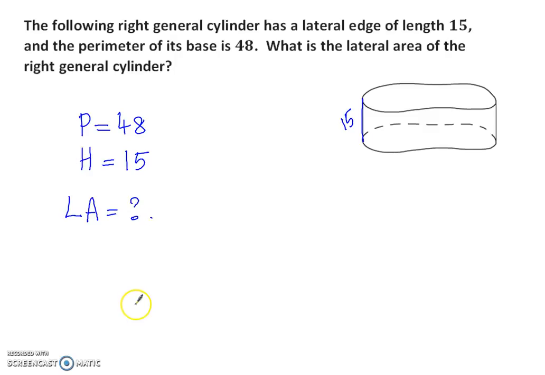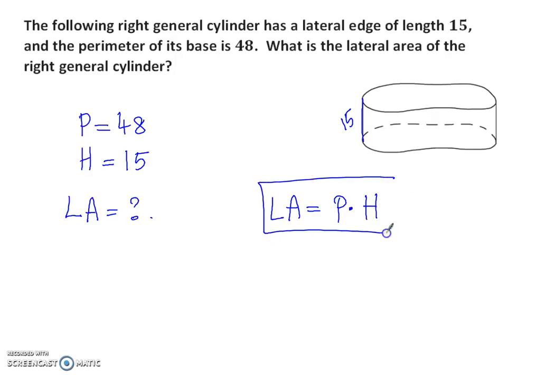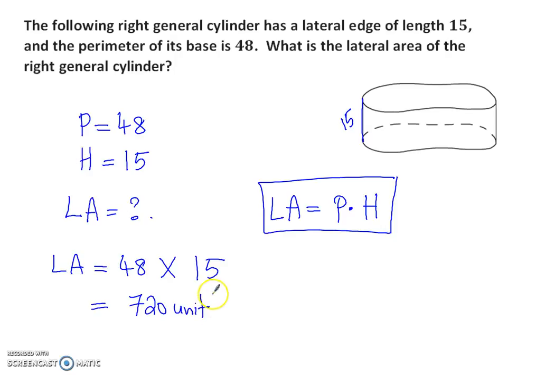We know the formula for lateral area is perimeter of the base times height. So lateral area is perimeter, which is 48, times height, which is 15. When we do that, we get the answer as 720 units. Lateral area, so it's square units actually. When you do area, you have to remember that the unit is square.